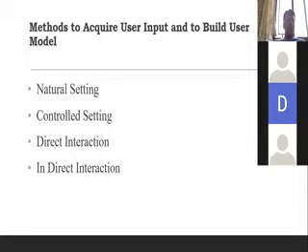Basically there are 4 points in this topic where we are going to see how the user's input is acquired in a natural setting and a controlled setting. What are the different techniques used to acquire the user input? Typically, here it is mentioned that there are two types of techniques used in order to acquire the input from the user.